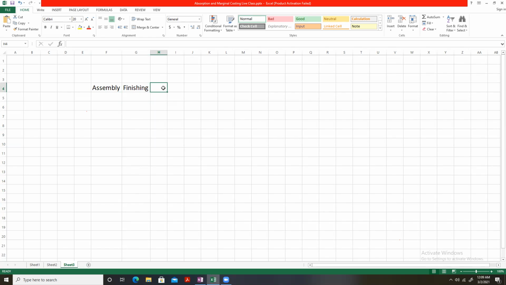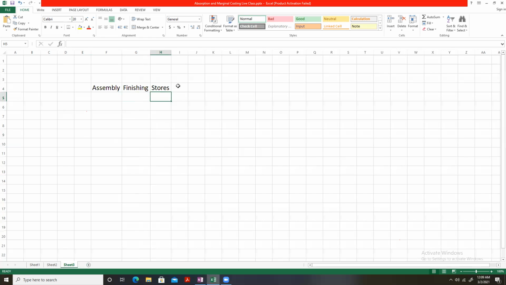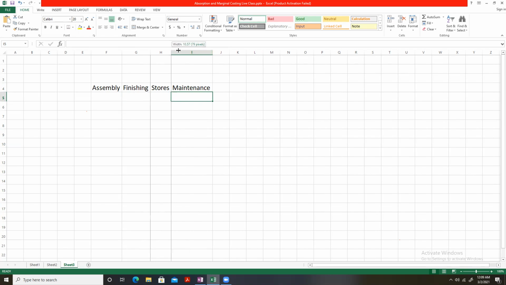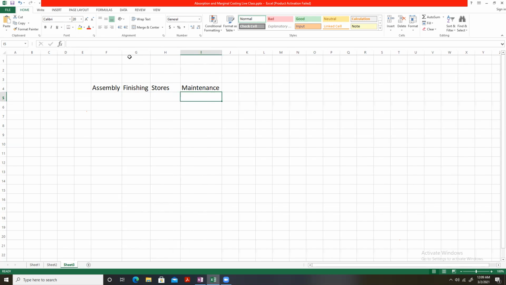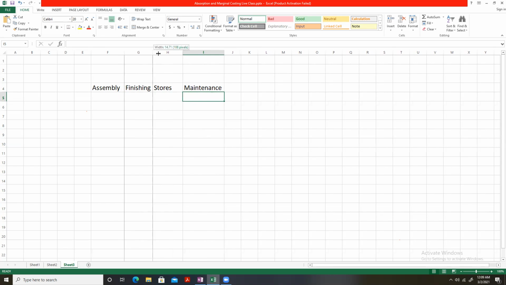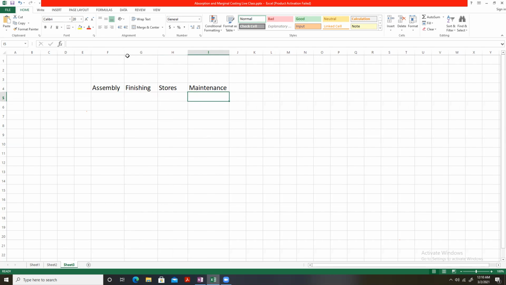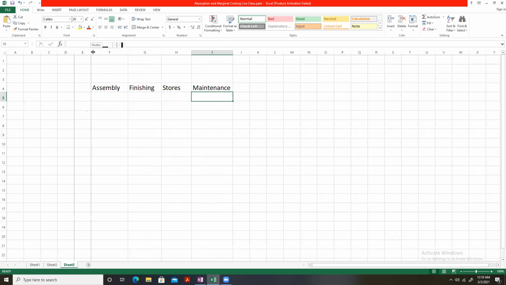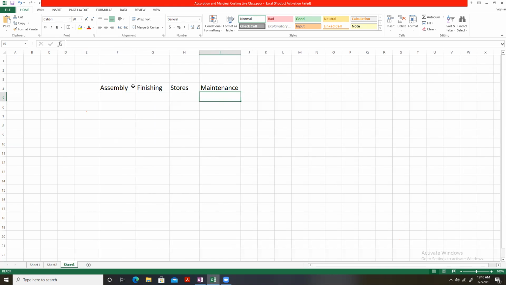Third is the stores. And fourth is the maintenance. These are the four departments that we have.